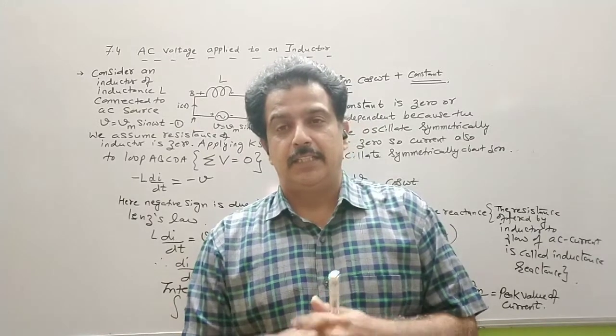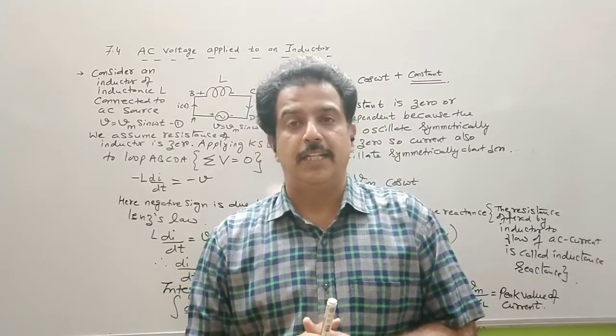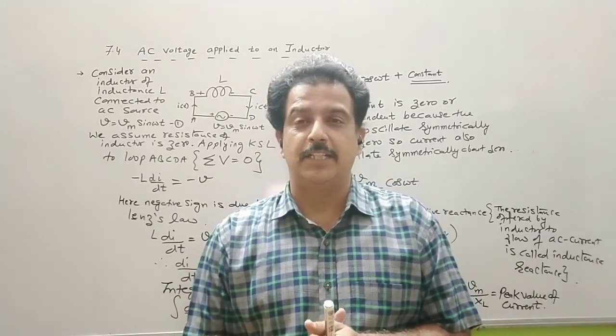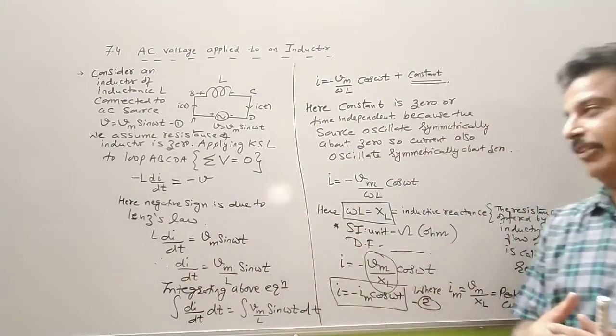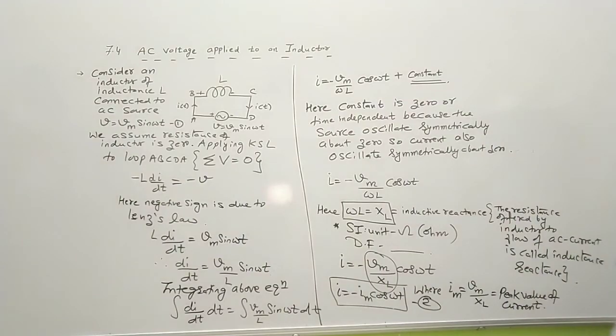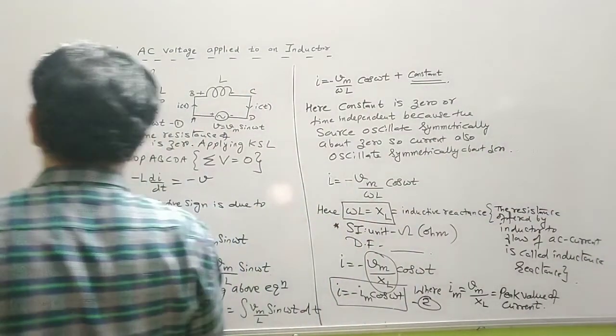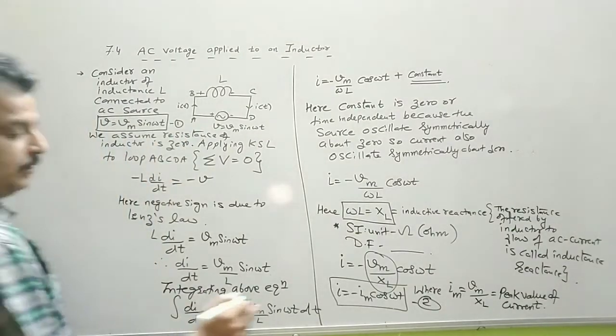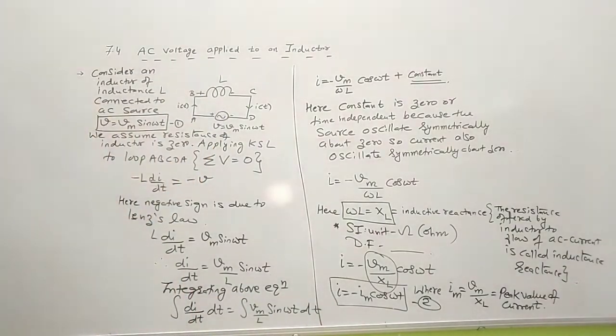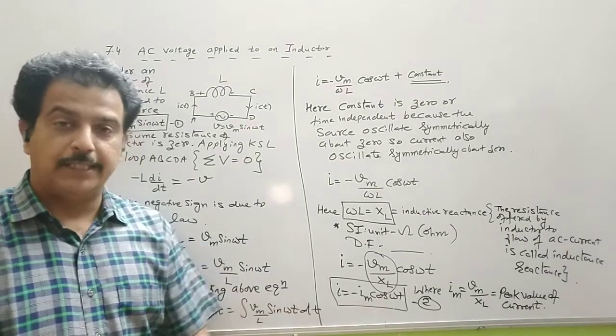And we said that the phase difference between the instantaneous voltage and instantaneous current is 0. But here the situation is different. Here the instantaneous voltage is a function of sine and the instantaneous current is a function of cosine.